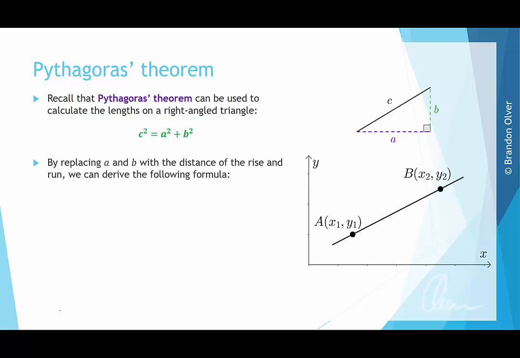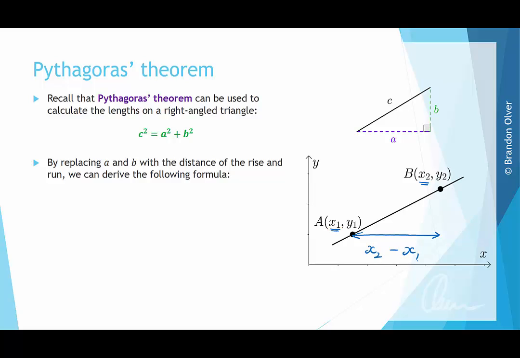By replacing A and B with the distance of the rise and the run, we can derive the following formula for the distance between 2 points. So here we have the run, and the distance of the run is equal to x2 subtract x1.